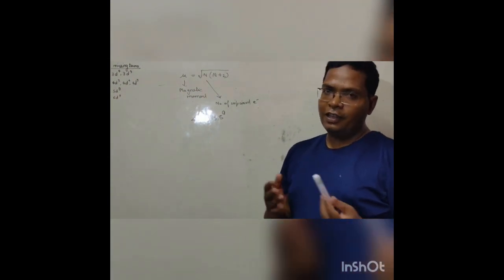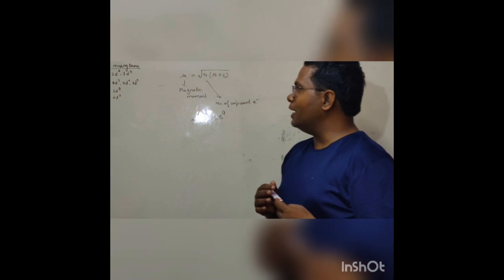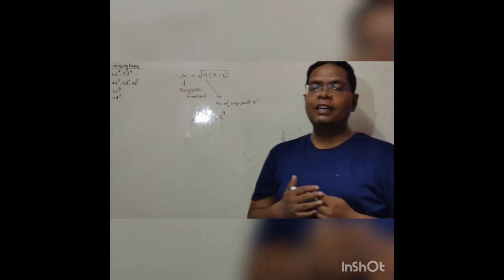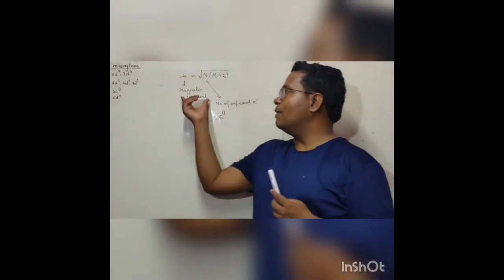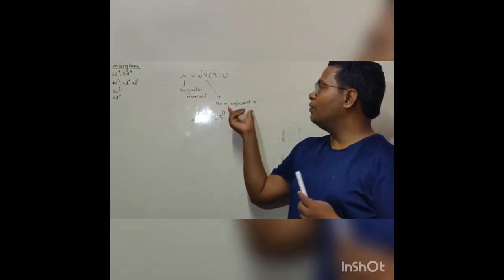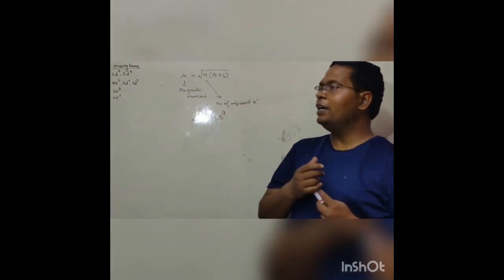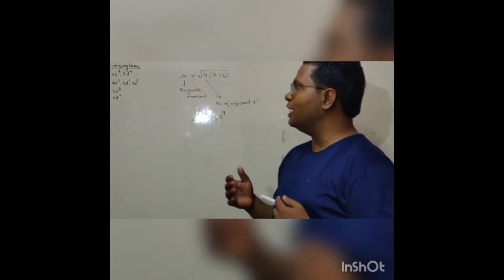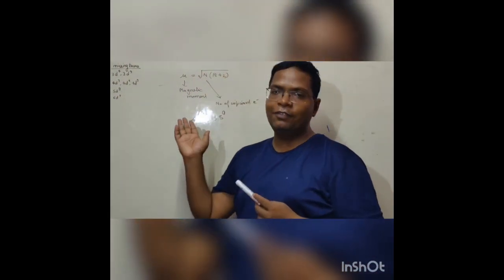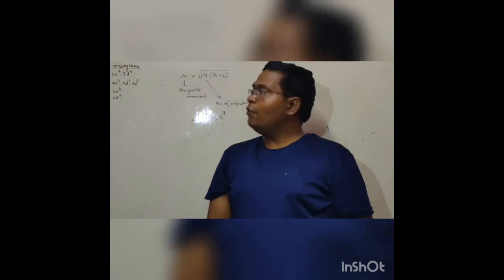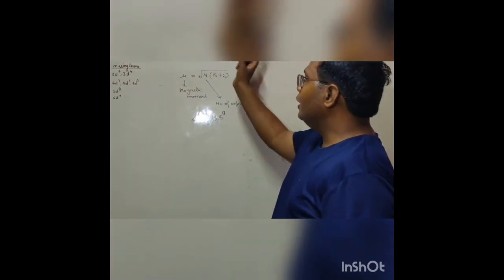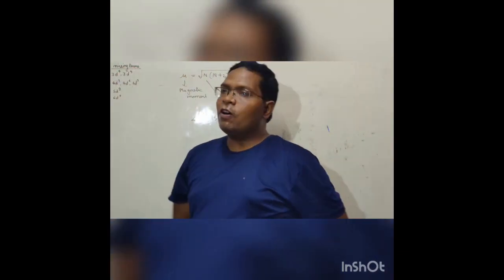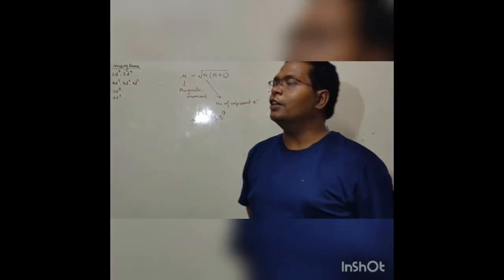I think it will be clear in your mind that for D configuration, first of all we will find the magnetic moment, and with the help of it we will find the number of unpaired electrons, and then on the basis of the number of unpaired electrons we will make the electronic configuration. Now we will discuss that the electronic configuration can be formed on the basis of missing terms.